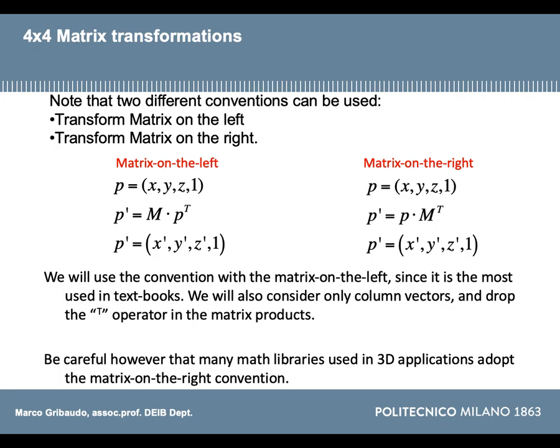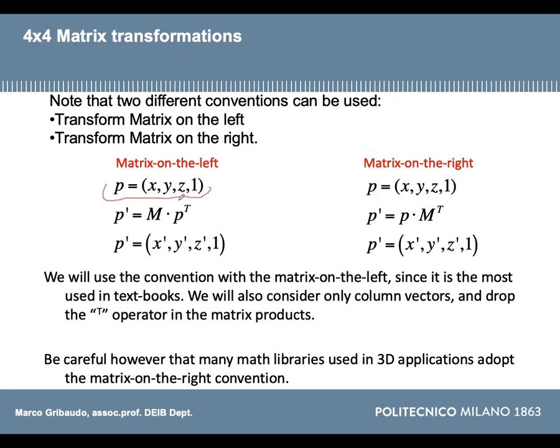One note. Actually, this implementation of using a 4x4 matrix to transform the points of one object can be done using 2 different conventions. In particular, the point is always represented by a vector.